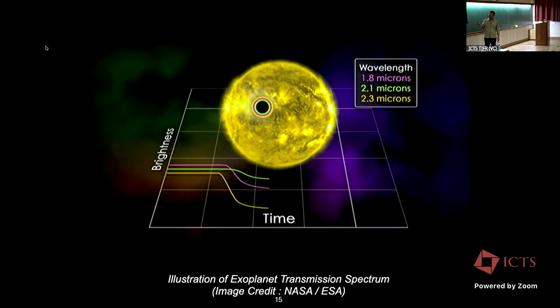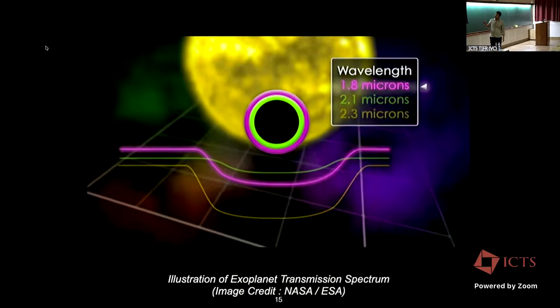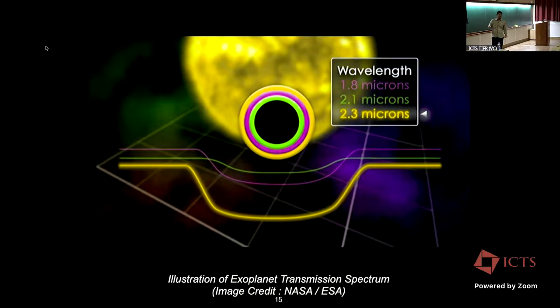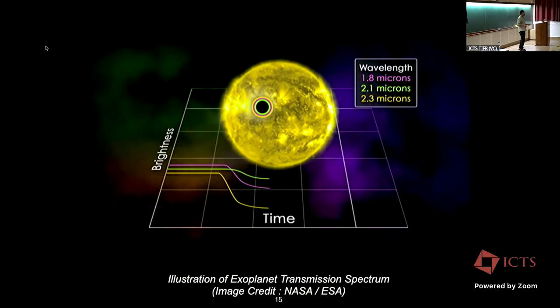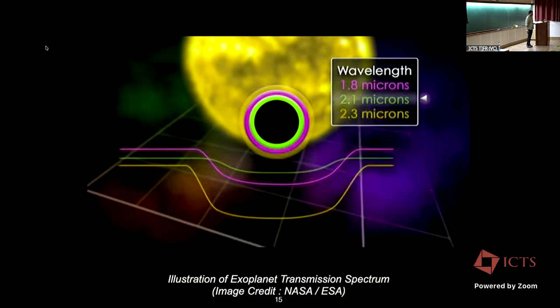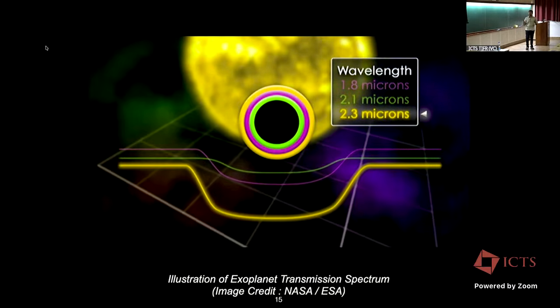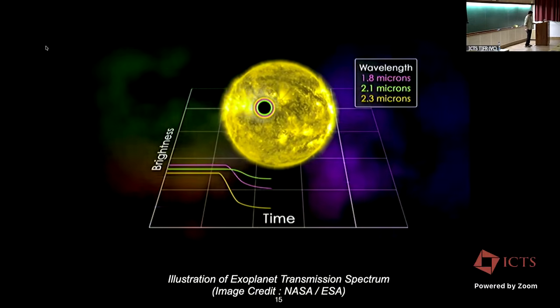Suppose a particular absorber is present at, say, 2.3 microns, the planet will look bigger because the gases in the atmosphere have absorbed the light. That is what the transmission spectrum will finally give us: the transit depth as a function of wavelength. So this basically comes from this animation.